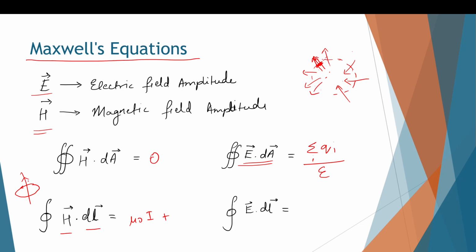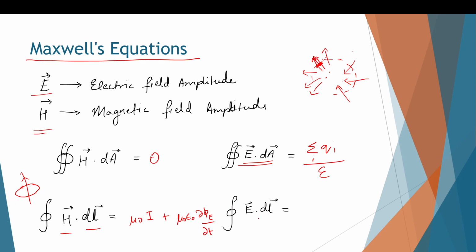Magnetic field is not just produced by the current, right? Even if there is a change in the electric flux, that will also induce a magnetic field along the loop. That is given by mu naught epsilon times del phi E by del t, where phi E is the electric flux, and this term tells us the change in electric flux through the loop.